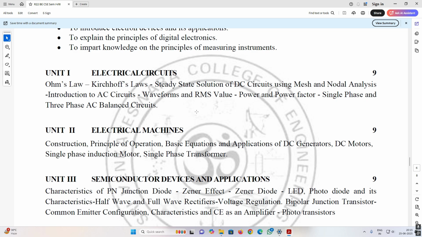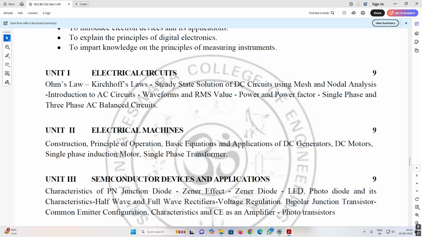You will also study the concept of single phase induction motor, and probably its different types. Also we'll study the basic concept of single phase transformer, probably the types of single phase transformer.